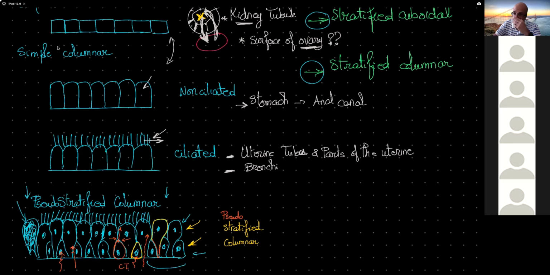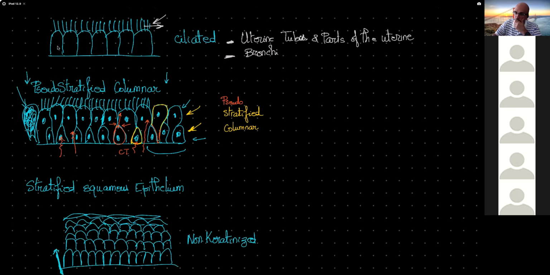All right. Now, pseudostratified columnar ciliated epithelium. Ciliated again, so I need propulsion. Remember, I did have in the small bronchioles, simple columnar ciliated. But as I keep going up, I need more cells to allow me to push the thicker mucus.